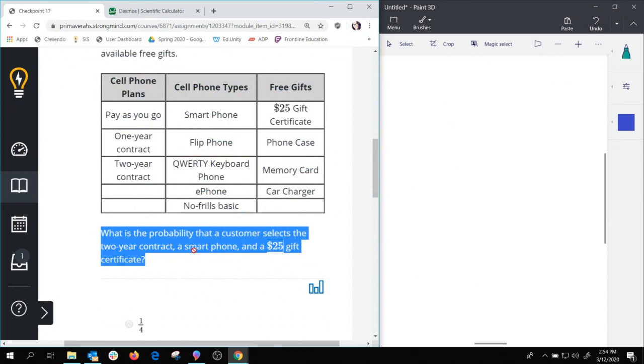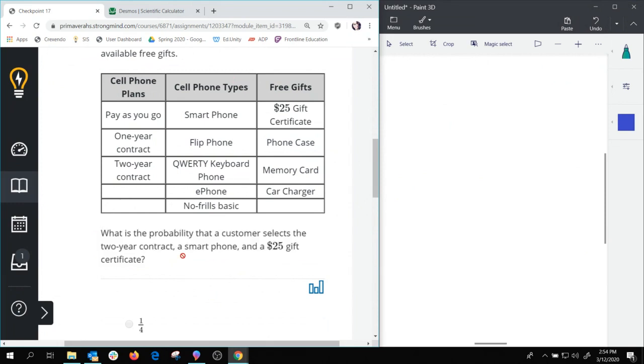So since we see that word and, that tells me I'm going to be multiplying, right? So what we need to do here is figure out the probability for each one of these columns. Okay. So for the cell phone plan, when I look at this first column here, how many cell phone plans does the customer have to choose from?